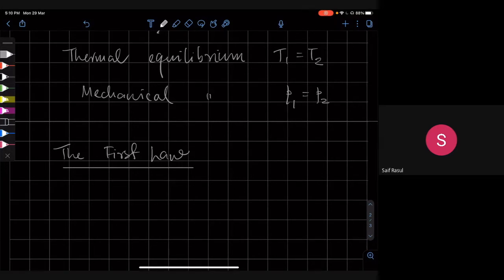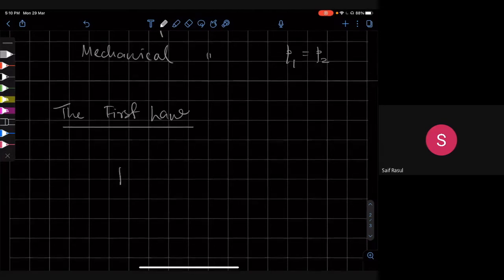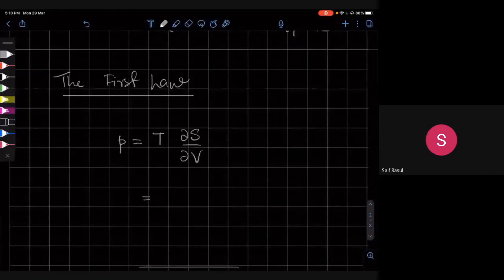So the definition of pressure we had is this. And apparently, it looks like pressure depends on entropy. But that's actually not the case. And that's because, recall the definition of temperature.